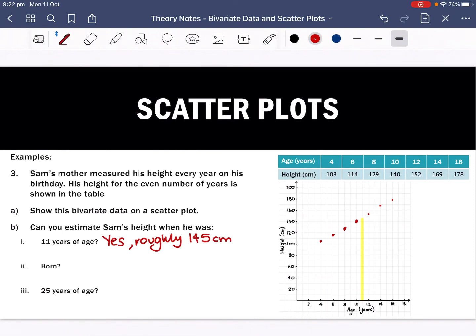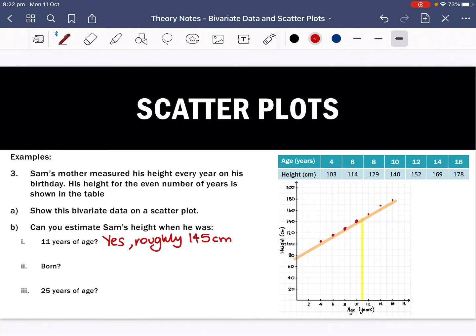So we can't actually work out Sam's height when he was born. It is unreasonable, and it shows the danger of assuming all patterns, because if we were to work out his height at birth, if we were to draw a straight line through this and continue the straight line on, his height would be, oh sorry, it would be just 78 centimeters at birth.